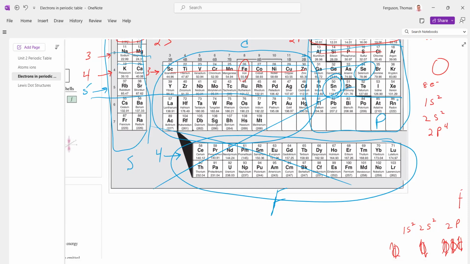Now you're going to have to account for 50 electrons. 10, yeah, 10. Sn.